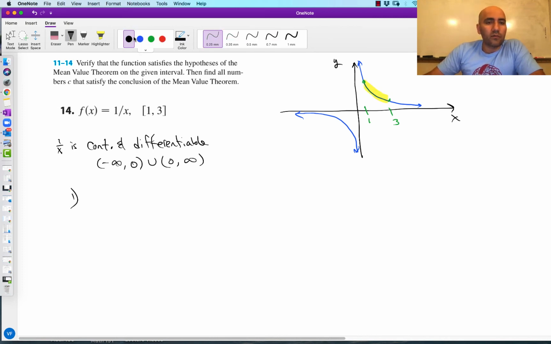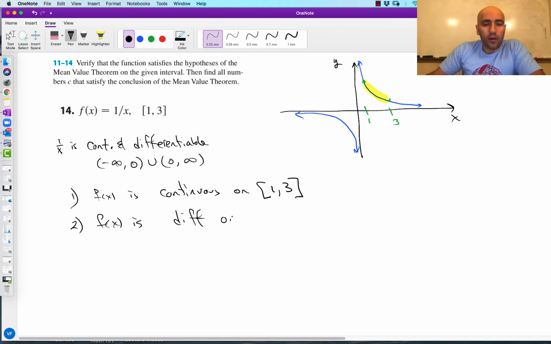Okay, so clearly, number 1, f of x is continuous on the interval between 1 and 3 inclusive. And number 2, f of x is differentiable on the interval between 1 and 3, not including the endpoints.